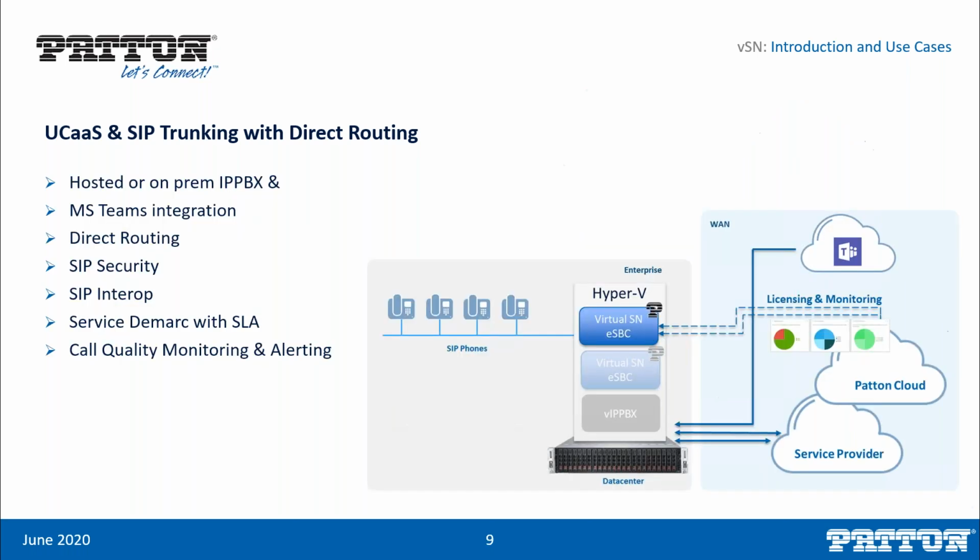What the Virtual SmartNode is doing in such a setup, I tried to draw in the picture as appropriately as possible. It can be used for both hosted or on-premise PBX scenarios, so the UCaaS or the SIP trunking. As you can see in the image, the Virtual SmartNode is running on a Hyper-V, the Microsoft hypervisor.